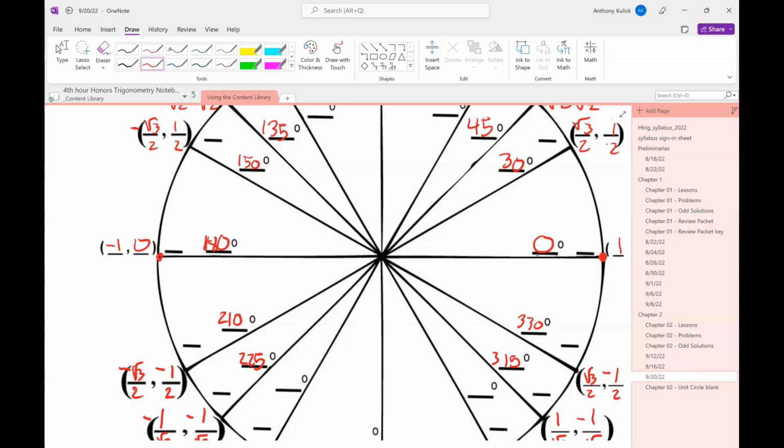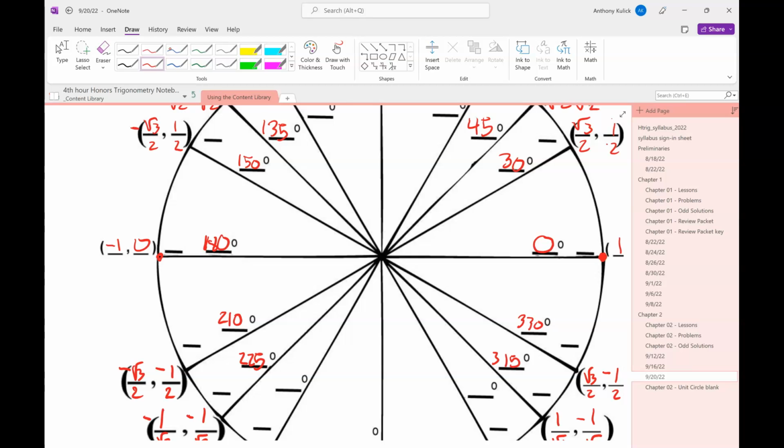Nolan? I'm just confused, because like the y values, if 1/2 is the y value for the first point, and then it's 1/√2 for the second point, wouldn't 1/√2 be lower than 1/2? 1/√2 is like 0.707.